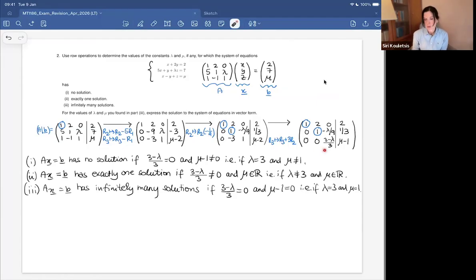So then we have a row of zeros. What does that mean? Well, it means that one of these equations, in particular the third equation in this system, was redundant. It doesn't tell us anything more than the first two equations. So when we do row reductions, the Gauss-Jordan method of elimination tells us which equations are redundant.